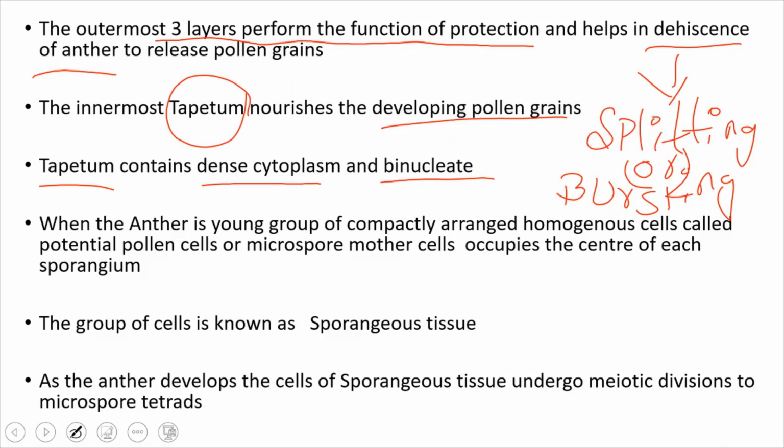When the anther is young, the microsporangium contains a group of cells which are compactly arranged, meaning there is no space between the cells, and these cells are homogeneous. What do you mean by homogeneous?